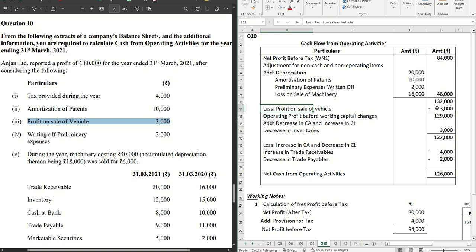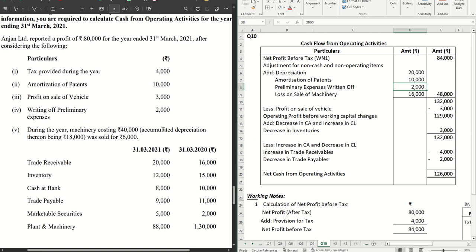Any profit or gain which is non-cash or non-operating in nature is subtracted, if you remember. Writing off of preliminary expenses of 2,000: if any expense is written off, that is also added back here. So 2,000 gets added as preliminary expenses written off. Up to here things look a little straightforward.